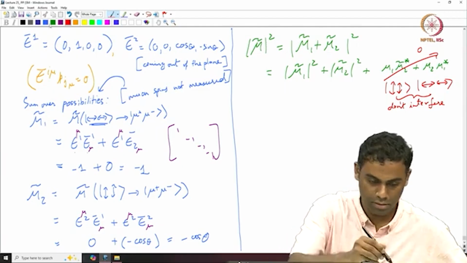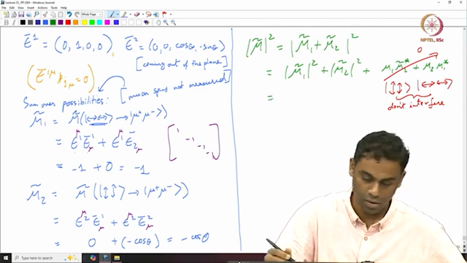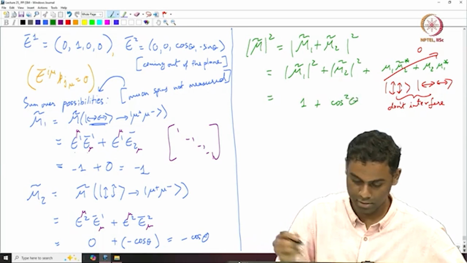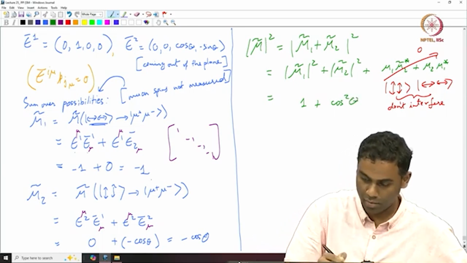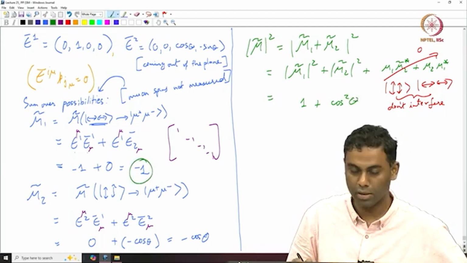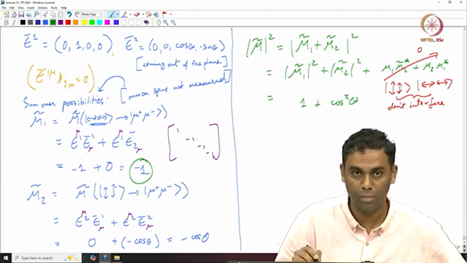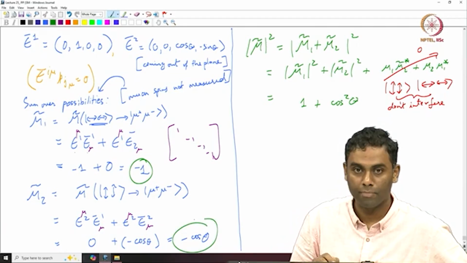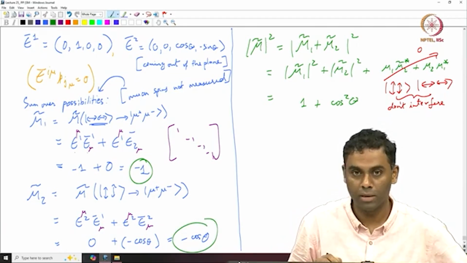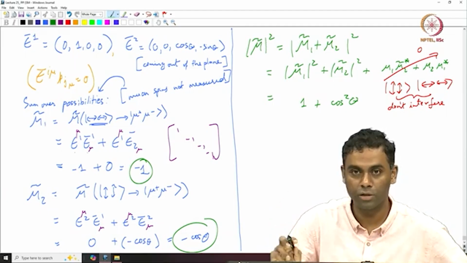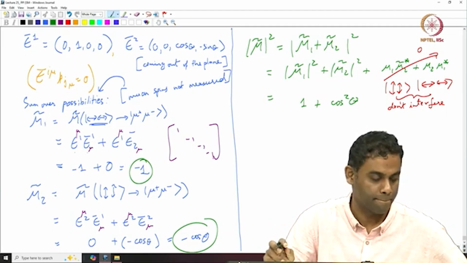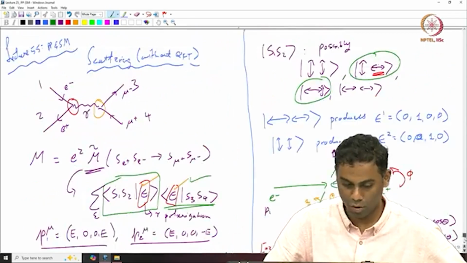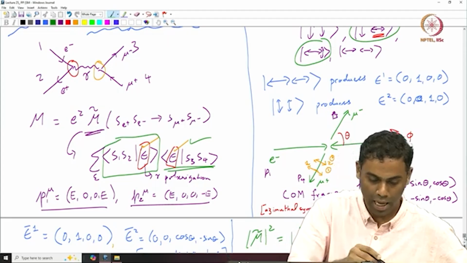And what is that now? That's literally 1 plus cos squared theta. So I have a 1 from this, and a minus 1 which is squared. Earlier I said that minus turns out to be important, but it's not so important here. And I have a minus cos theta, so I just square it and I literally get 1 plus cos squared theta. Now let's go back to what the actual amplitude was.